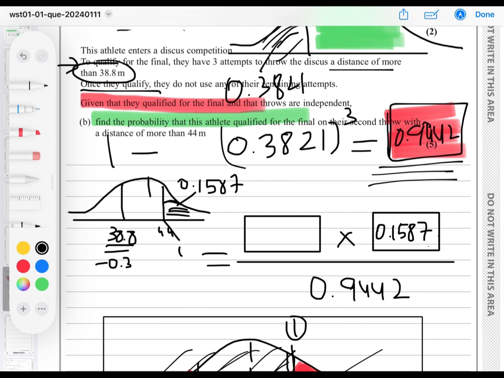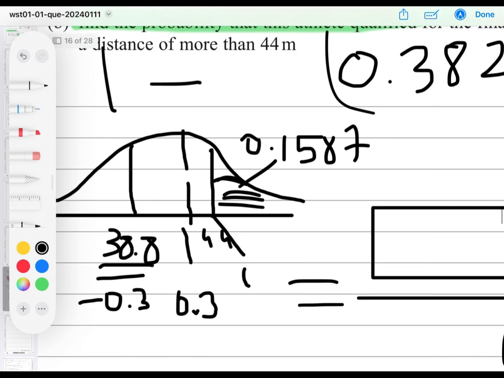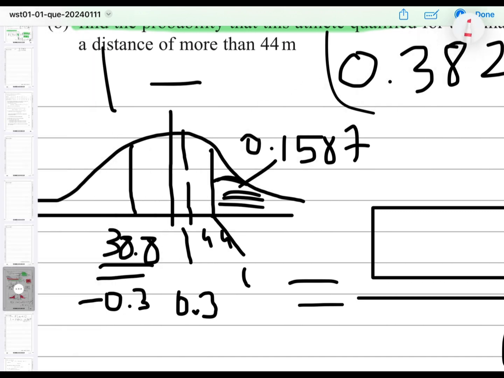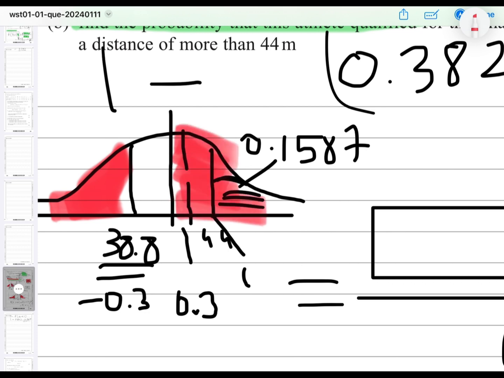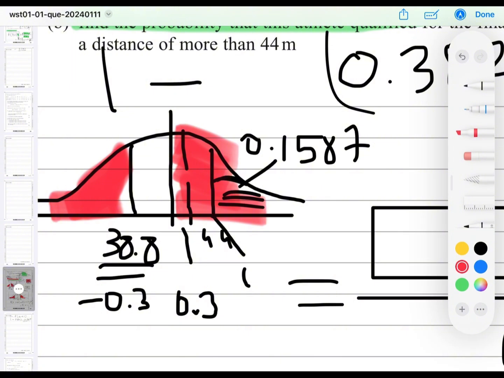If I take the symmetrical value, this is the z-score and this is the mean. So if I look at it symmetrically, this is for 0.3 and this is also for 0.3, and this one is for 0.1587.